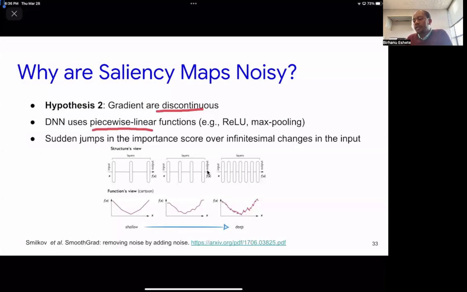So sudden jumps in the importance score over small changes in the input happen. Here's an example of a shallow model over here and a deep model on this side, and you can see how the gradients become very discontinuous as we go to deeper models. So this is another hypothesis, that gradients are discontinuous.